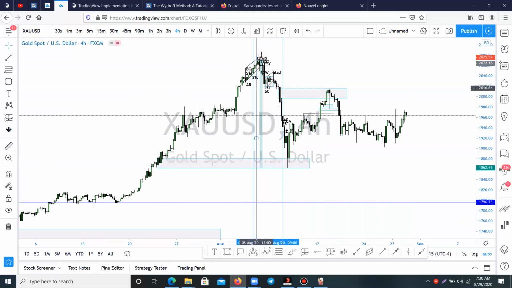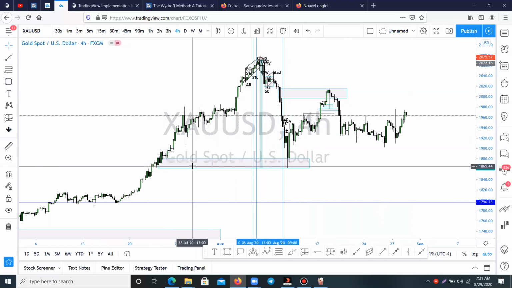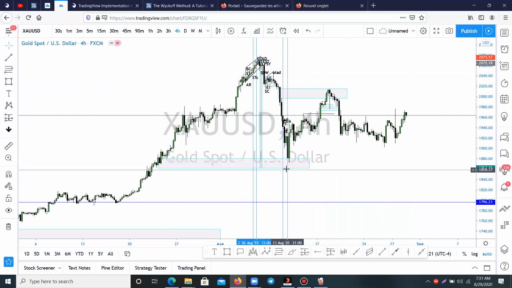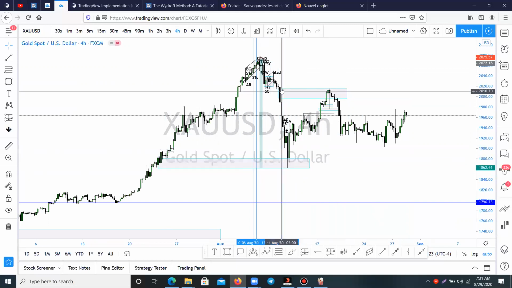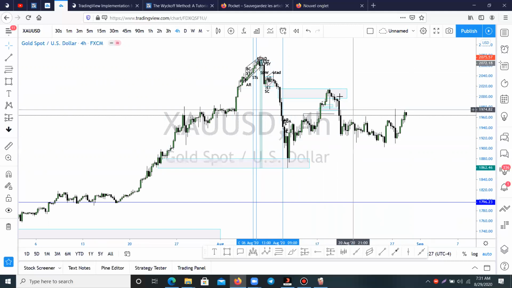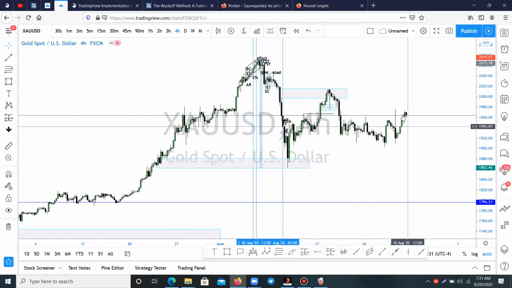But as long as I know, this one was coming down, and my target was down here. The market reached the target, then returned up from the inefficiency, then the market started coming down.